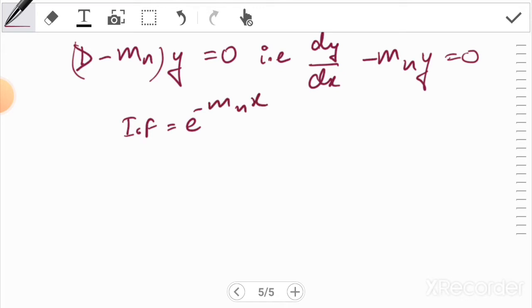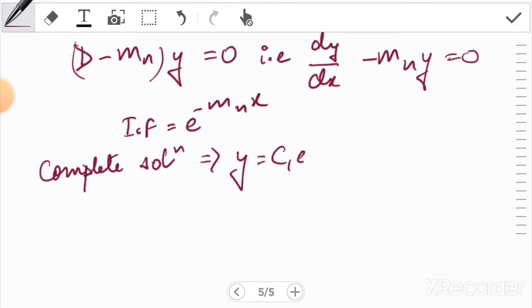Thus the complete solution will be y is equal to c1 e raised to the power m1 x.